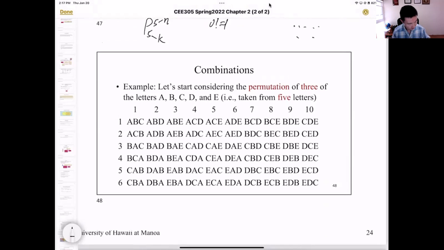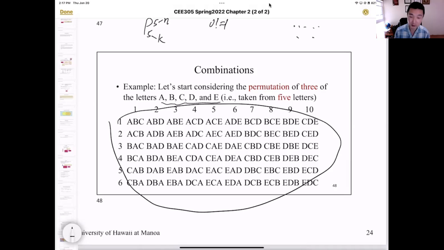Combination. So considering permutation of 3 of the letters, we choose 3 letters from the 5: A, B, C, D, and E. In this case, these are all the possible outcomes when order matters.